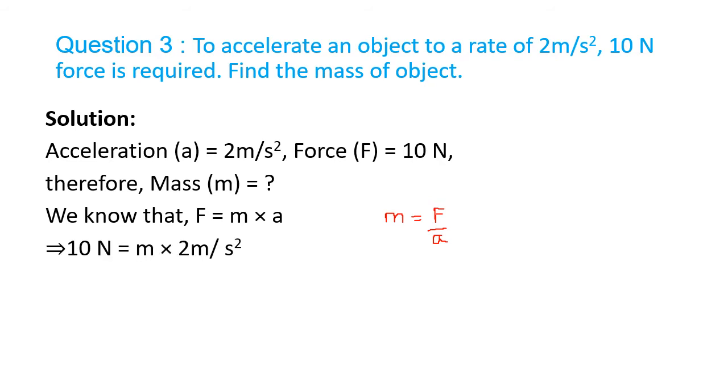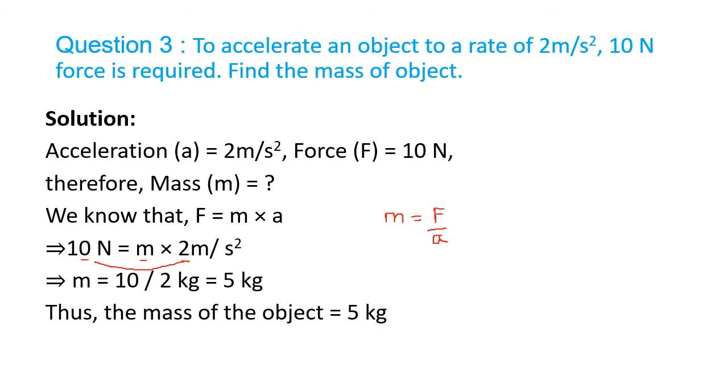F is written as 10 Newton, m is written as m, and acceleration is written as 2 meter per second square. The 2 goes into division here. So m equal to 10 upon 2, that is 5 kg. So the mass of the object is 5 kg.